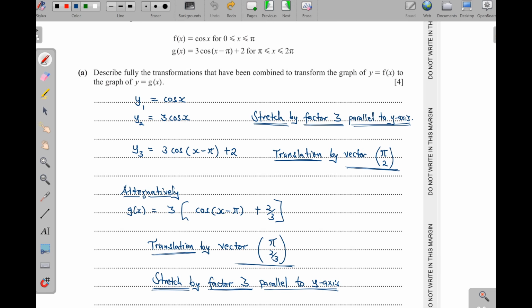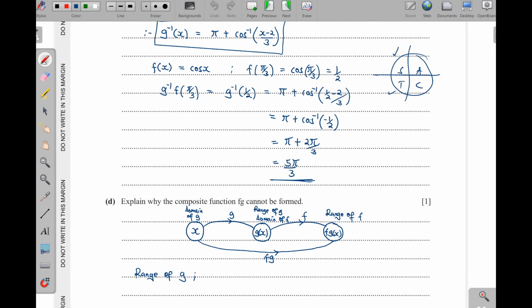So the range of g is negative 1 less than or equal to g of x. When it comes to the range, we write it in terms of the function. Then when it comes to the domain, we write it in terms of the variable, that is, for this case, the x.